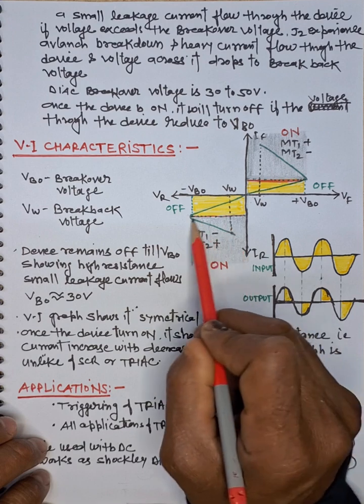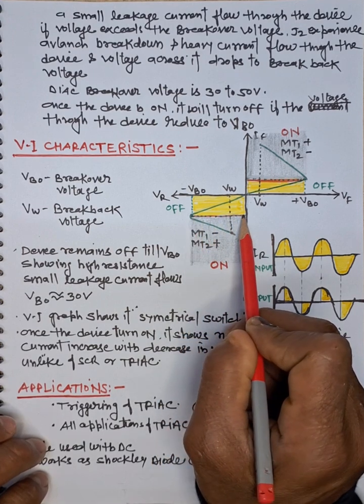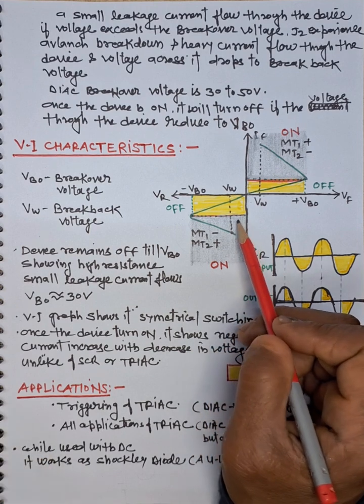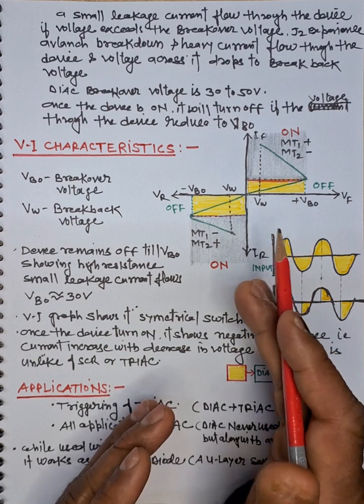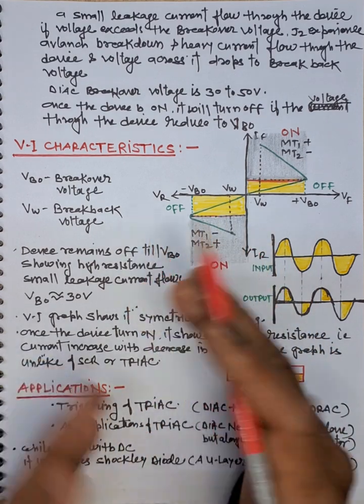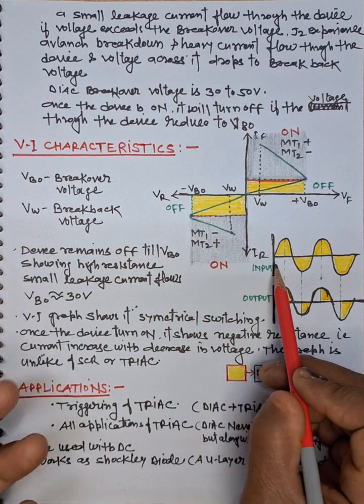This is the negative resistance region in the turn on region of the device. So through this VI characteristic we see that it works symmetrically in either direction. So this is a symmetrical device as well.